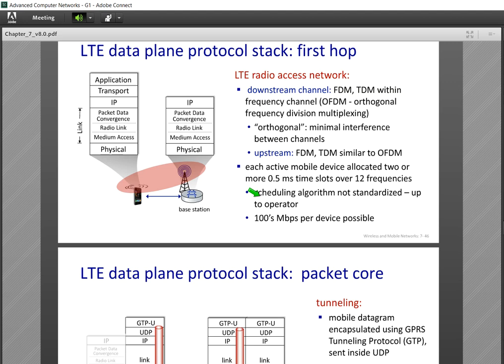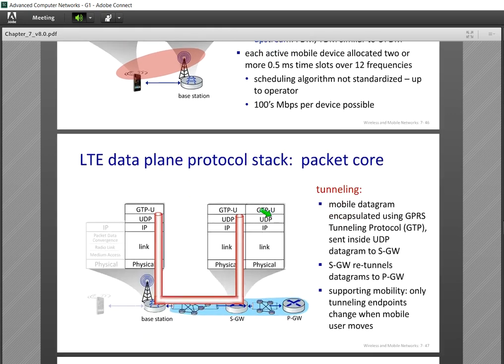But interestingly, those frequency or time slots are not scheduled. There are no standard scheduling techniques to assign the bandwidth between those different frequencies. But we can say that if I use LTE technology, up to 100 megabits per second can be received by each of the devices in the network inside the cell.